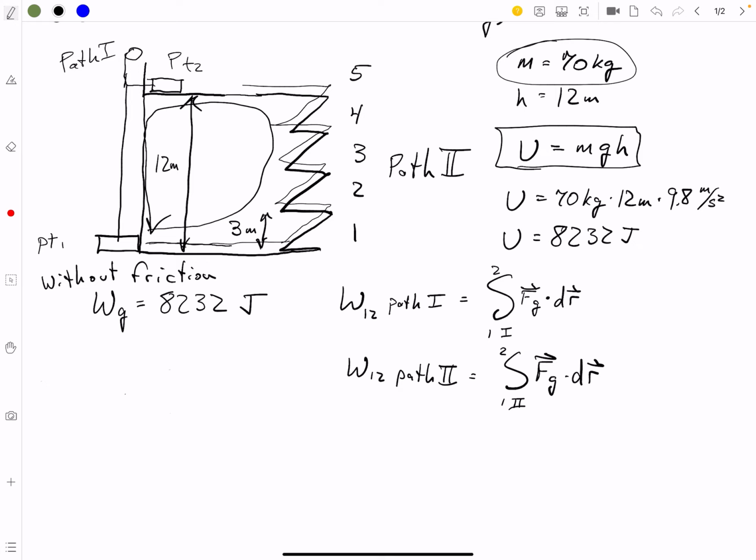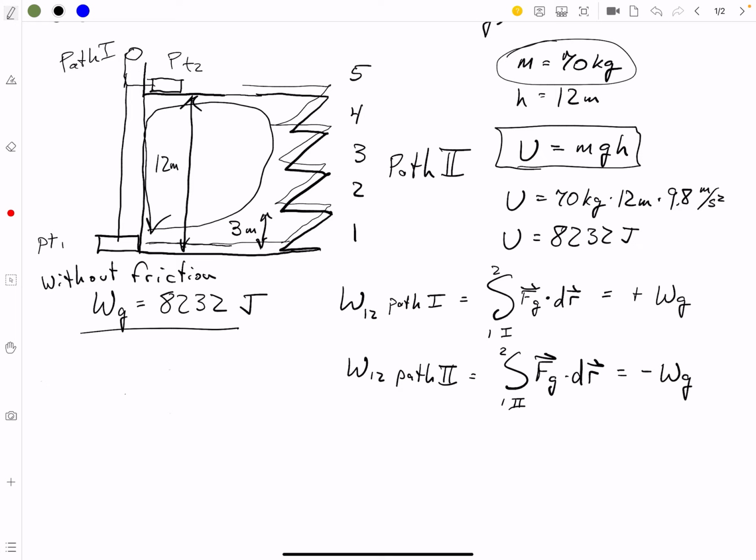Gravity is going to do minus work to go up. So we're going to go up path 2, and that's going to be minus the work of gravity that we figured out here. And then we're going to come back down path 1. That's going to be plus the work of gravity.